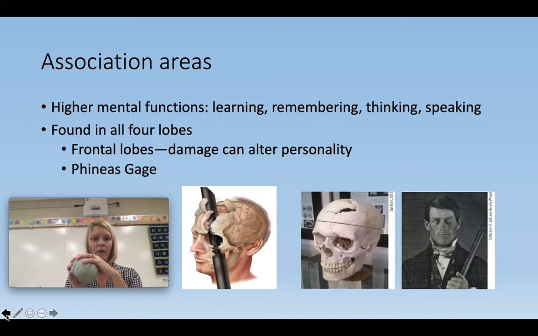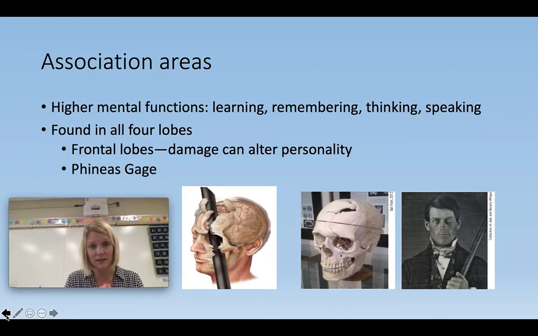If we talk about the frontal lobe, we know that if there's damage to the frontal lobe, because this is such a high functioning area, we have problems with judgment, we have problems with planning and organization and thinking ahead, but it's also very important for personality. If there's damage to the frontal lobe, it can alter personality.